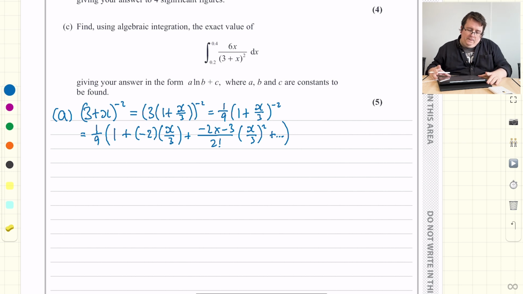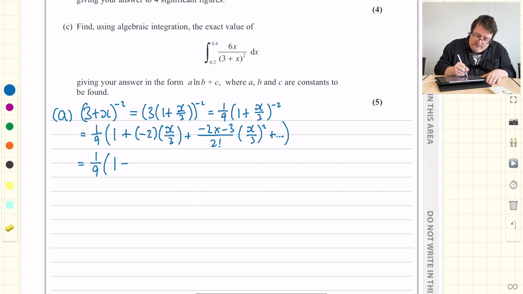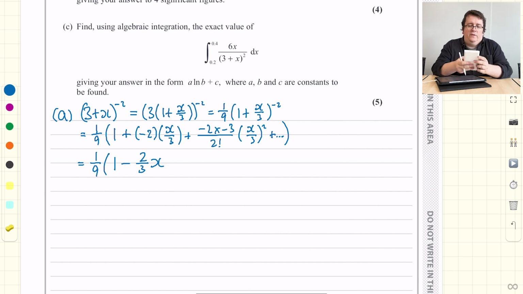Okay, so this is going to be equal to 1/9 times 1 take away 2/3 x, and then let's simplify this. So minus 2 times minus 3 divided by 2 factorial times 1/3 squared is 1/3.